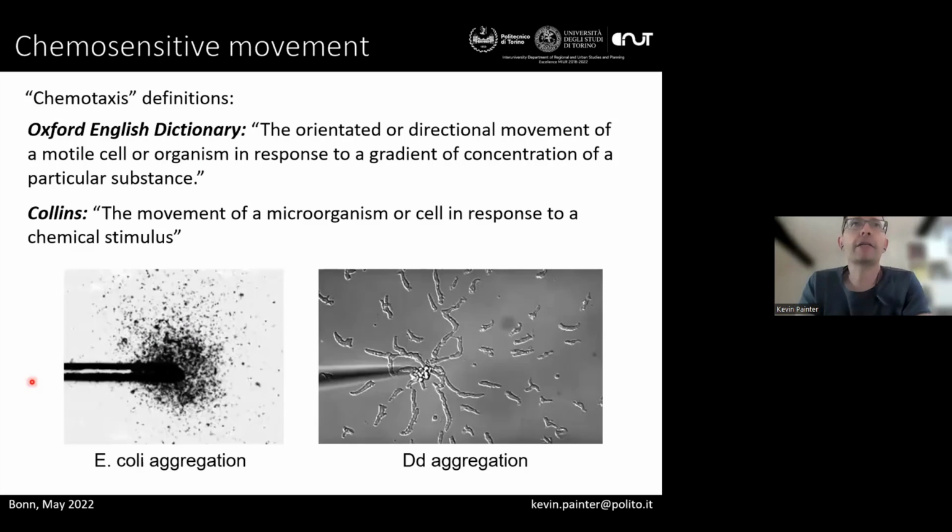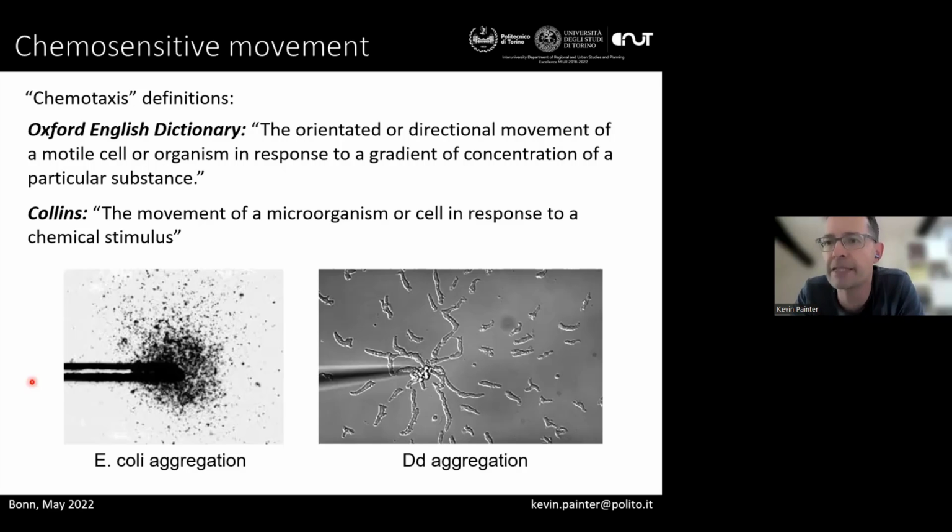Coming back to this problem of chemotaxis, what chemotaxis actually is, you can get a sense of a little bit of confusion just by looking up its definition in various dictionaries. If you go to the Oxford English Dictionary, an online source, you read quite a precise definition: the oriented or directional movement of a motile cell or organism in response to a gradient of concentration of a particular substance.